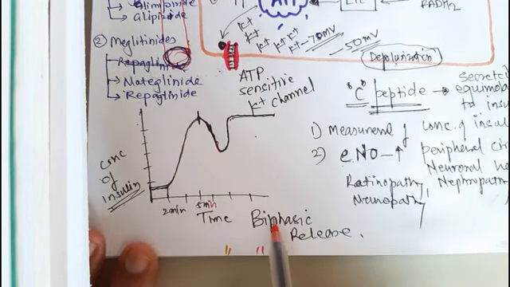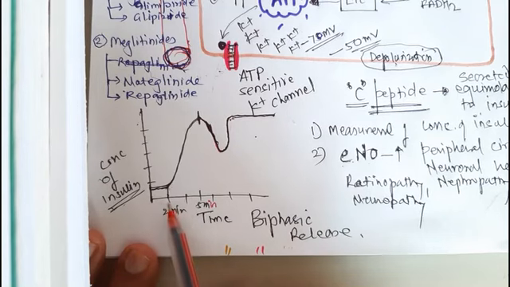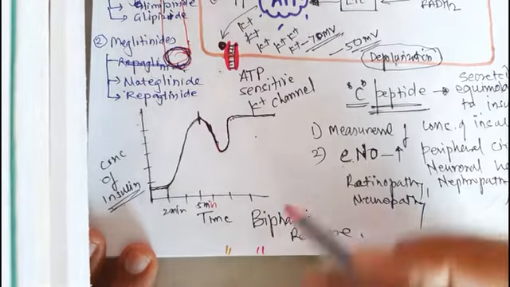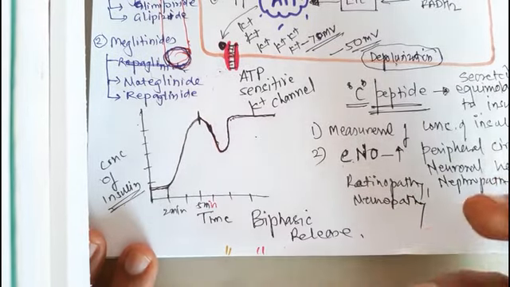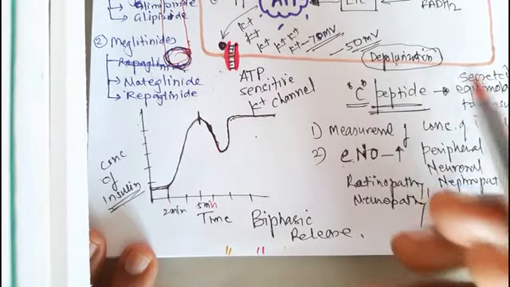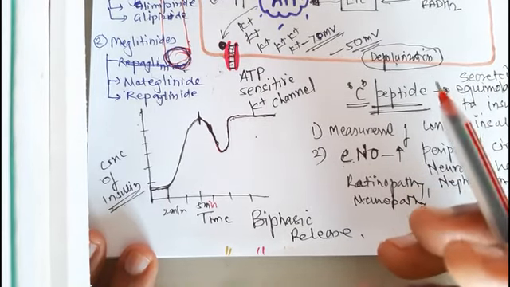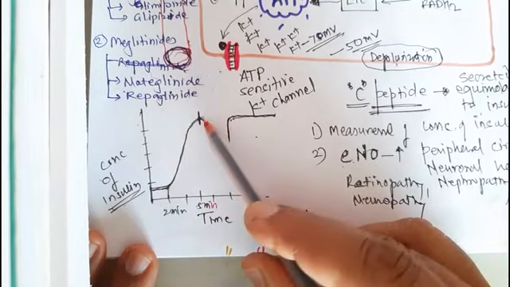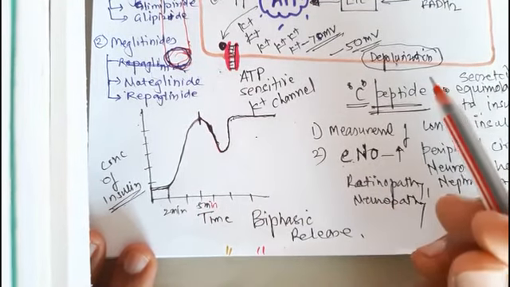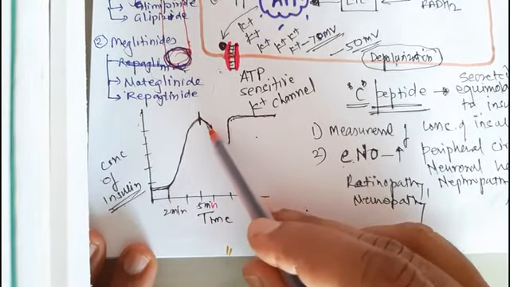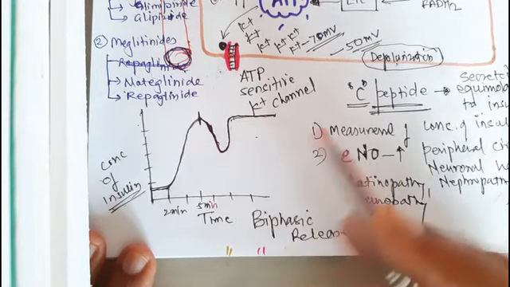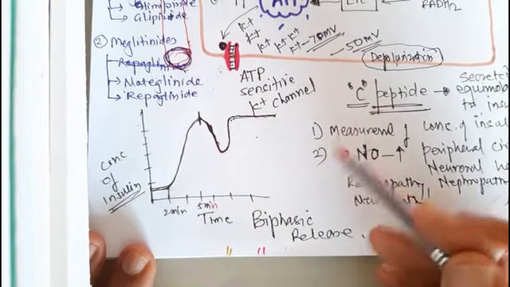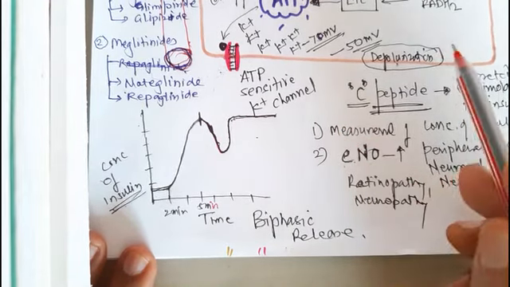Now why is it biphasic? Because initially, when there is a stimulus for release of insulin, whatever preformed insulin is there, that is secreted. The insulin is stored in the secretory granules, and when you get a stimulus it is immediately released, preformed insulin. Then in the second phase, insulin synthesis is a continuous process.